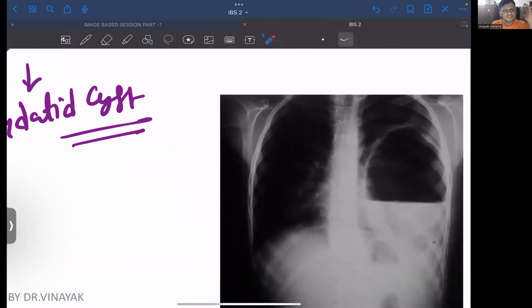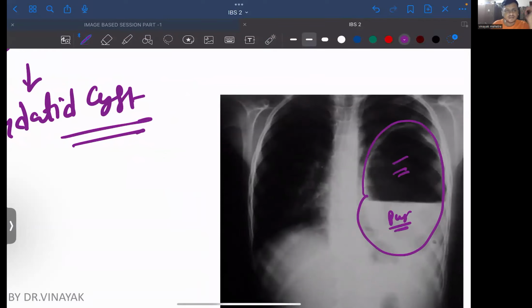Lung abscess is formed due to an organism. This is a lung abscess. Okay, the whole lung abscess, and this is pus. And this is the air which is present in that abscess.